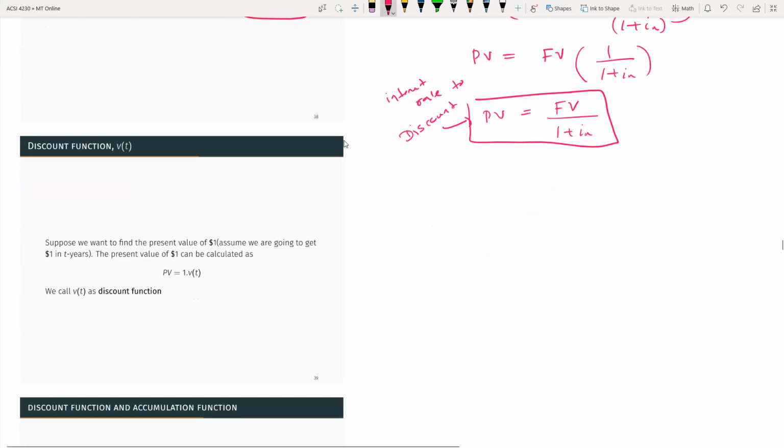So when discounting is there, we can define the discount function. Okay? So we had the accumulation function. Let's go back to the original formula. At the very beginning, we defined something like this: future value equals present value times accumulation function. So this is accumulation.